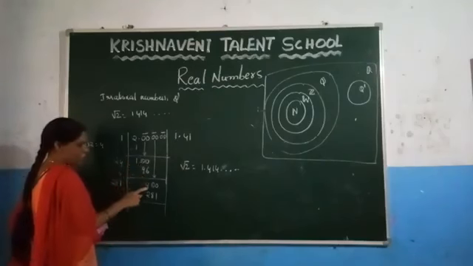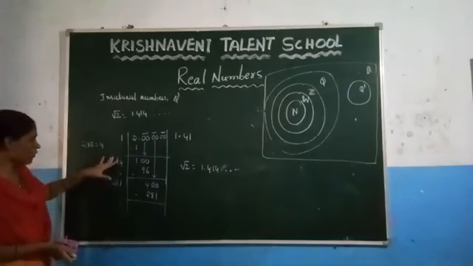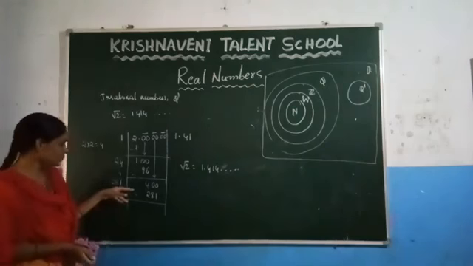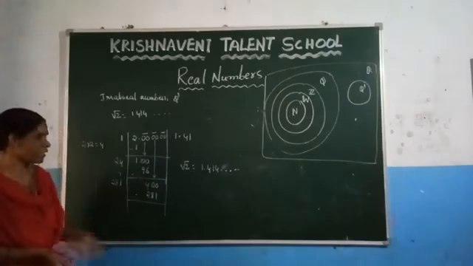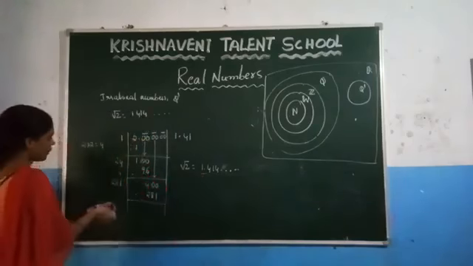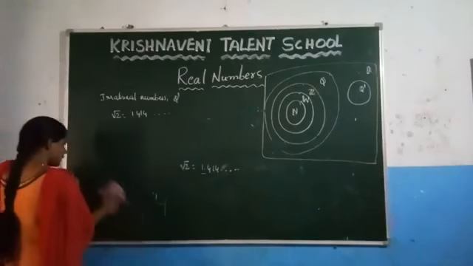Again after subtracting, you are getting 4. Now what is the next step? You have to double the number. 24 plus 4, which is 28. Again you have to write one number such that after multiplying, you get a number which is less than 400. So the value of root 2 is 1.414.